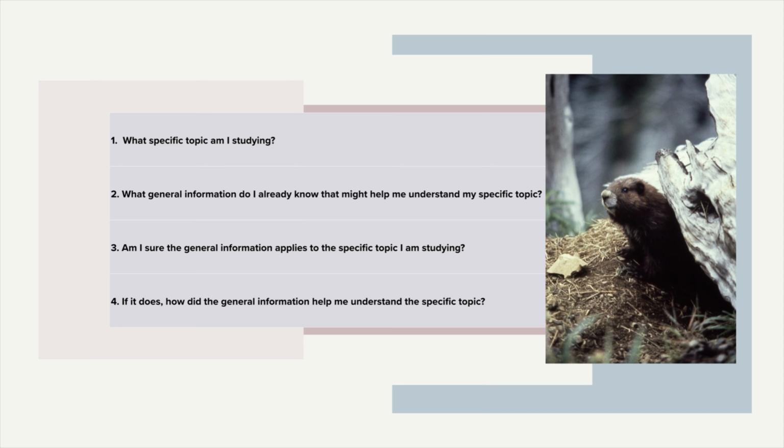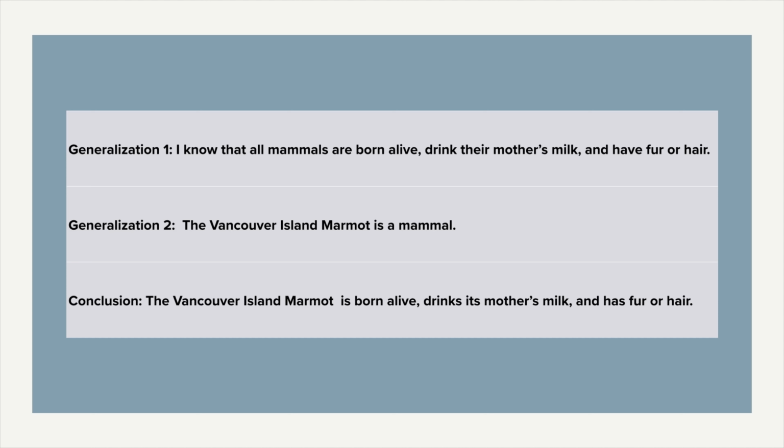Baby marmots are born alive, and they drink milk from their mother. In other words, my student was able to use general knowledge about mammals to assist in her discovery of the Vancouver Island marmot. In other words, my student made a generalization.